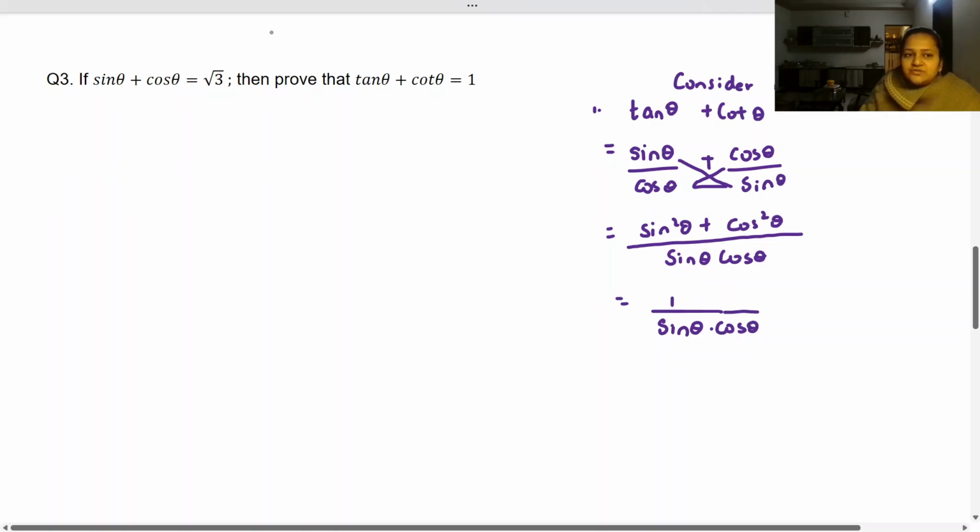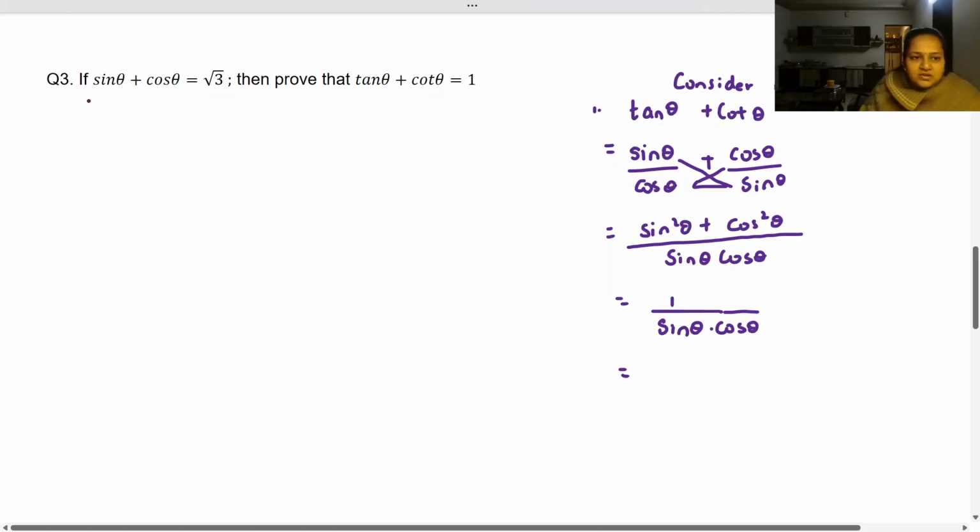Had it been sine plus cos, we could have replaced, but we have 1 upon sine theta cos theta. Right? So we know we need the value of this ratio. So then we come back to the LHS. We'll look at the LHS and try to simplify and bring it in this term.